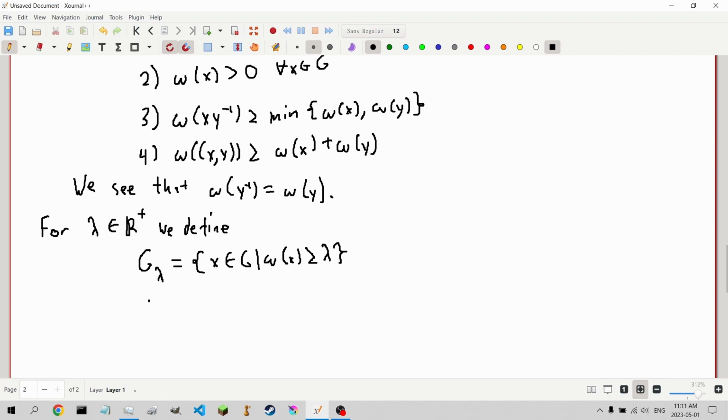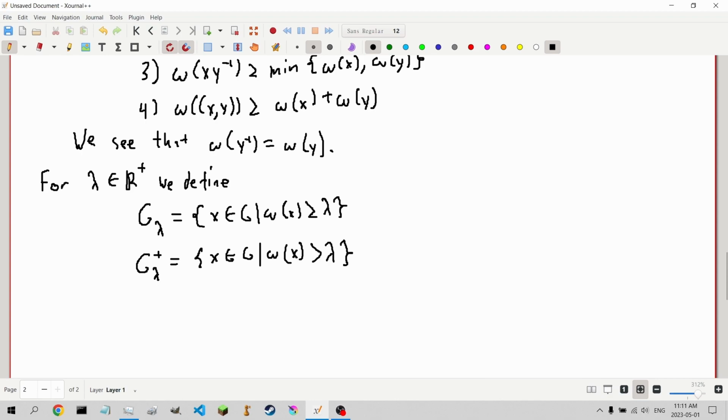And our second is a very similar set, with the only difference being that the filtration of the elements has to be strictly greater than lambda. We don't have elements equal to lambda exactly.